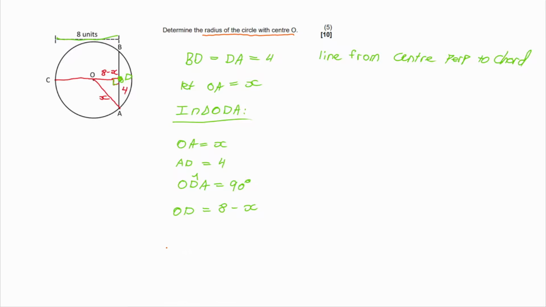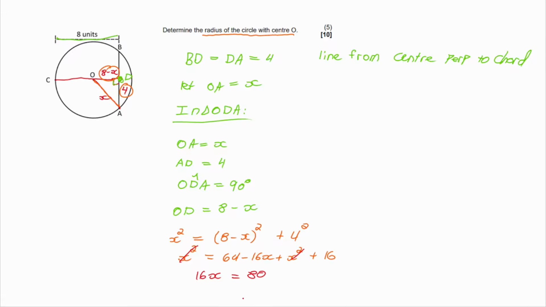So I'm going to be doing Pythag here. What we have is X squared is equal to (8 minus X) squared plus 4 squared, because here's our hypotenuse, so we square this side and square this side and add them together. That gives us X squared is equal to 64 minus 16X plus X squared plus 16. Essentially the X squared terms cancel, and that 16X can go to the other side, so we get 16X is equal to 80.